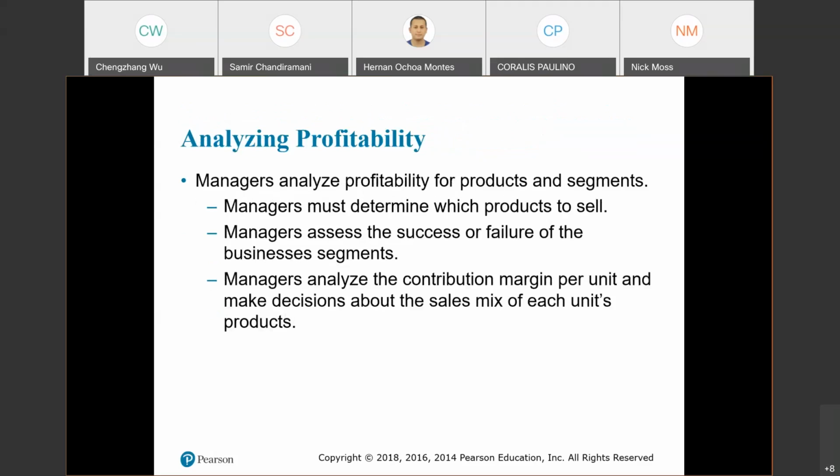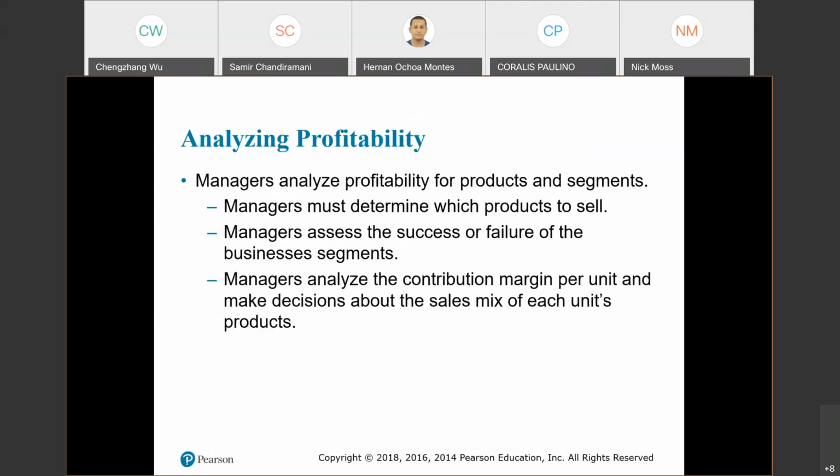And next is analyzing profitability, which is the most important part in this chapter. In this chapter, the most important part is for managers to use variable costing to do profitability analysis.